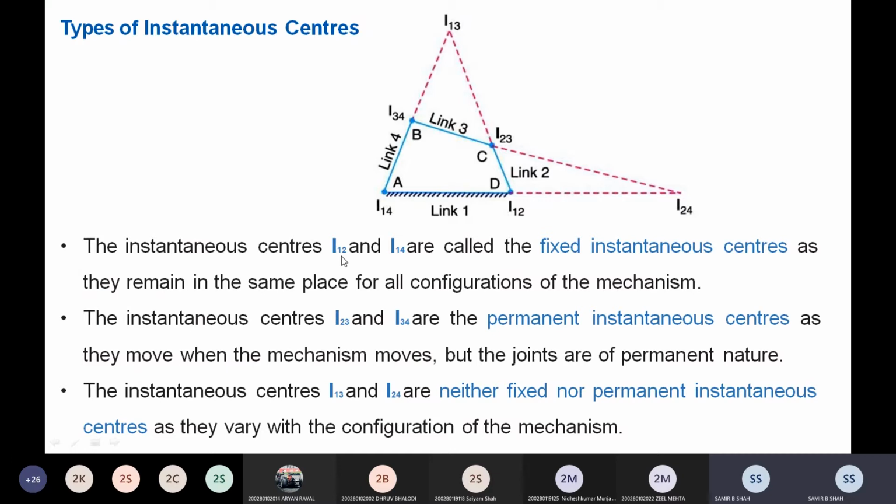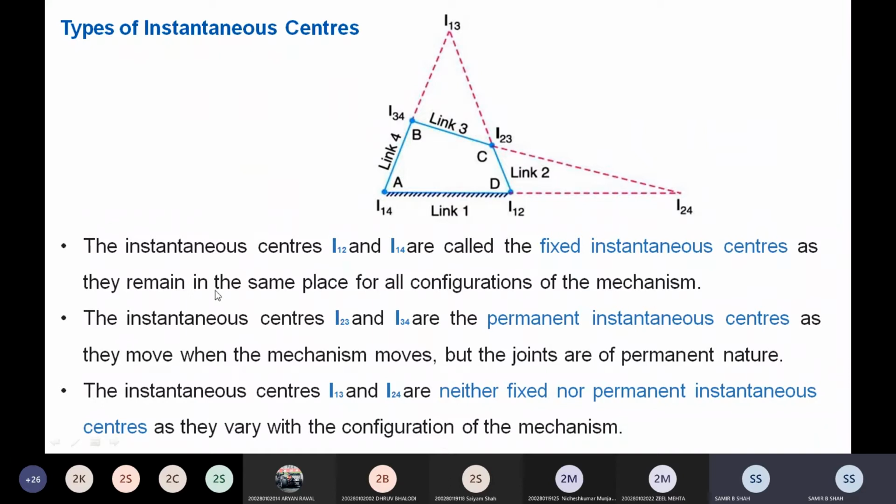If we talk about I12 and I14, both are fixed I centers as they remain in the same place for all configurations of the mechanism. Remaining two, I23 and I34, are permanent I centers as they move when the mechanism moves.